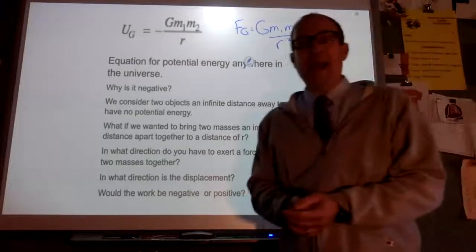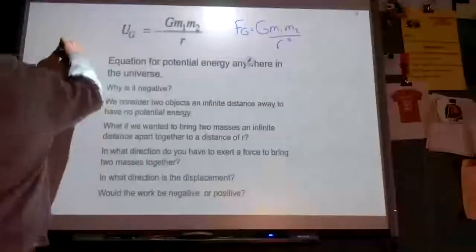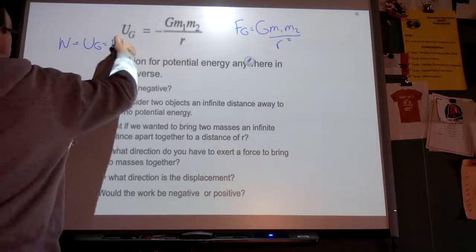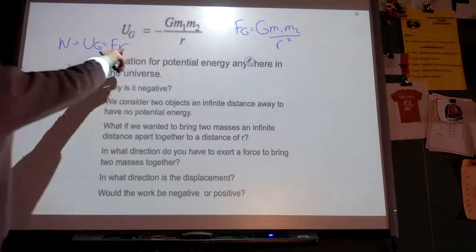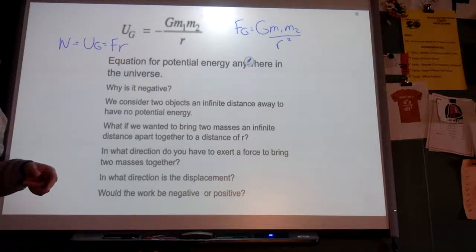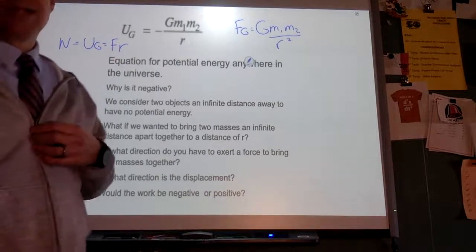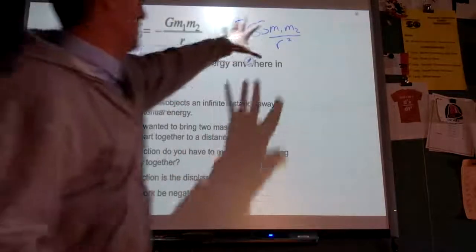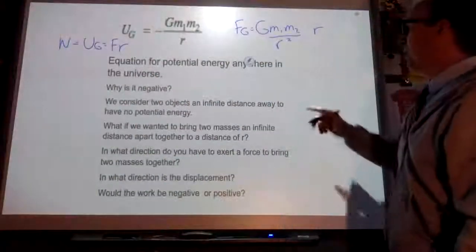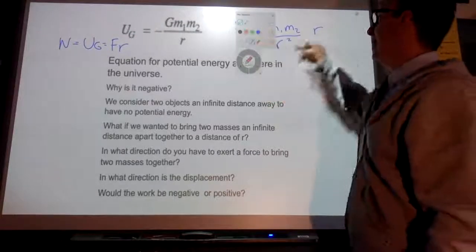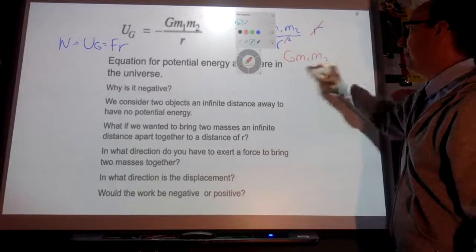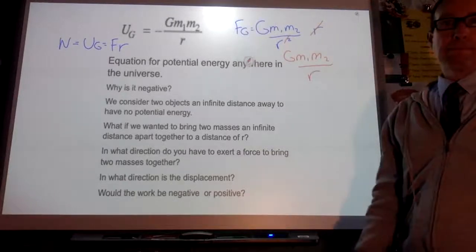If you think about what we had, we're saying that work is the same as energy, and that this is force times distance parallel. So you can see that if I took my force and multiplied it by a distance, I would cancel out an R and I end up with G M1 M2 over R.